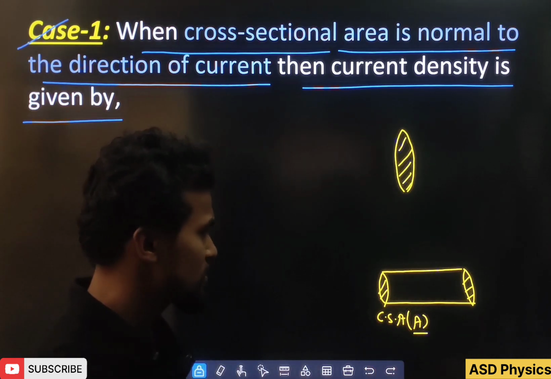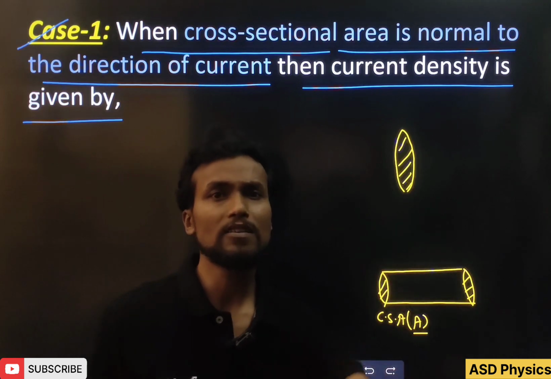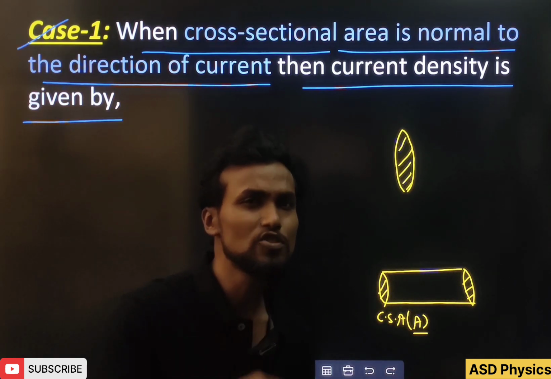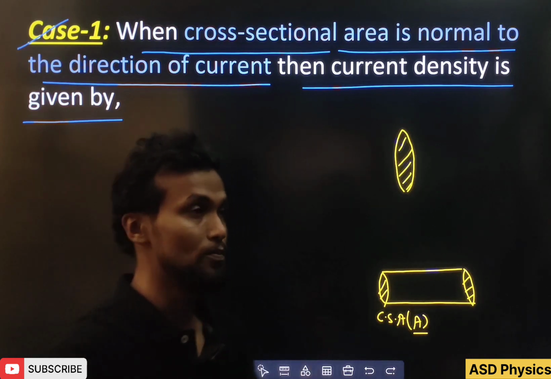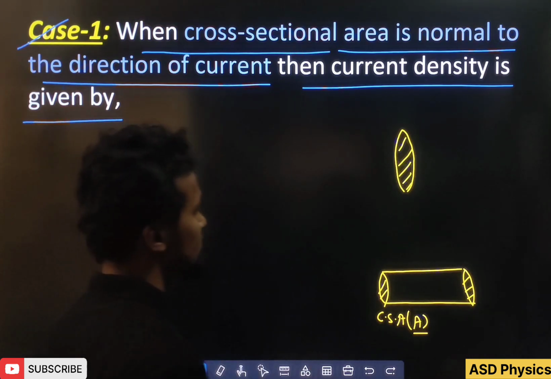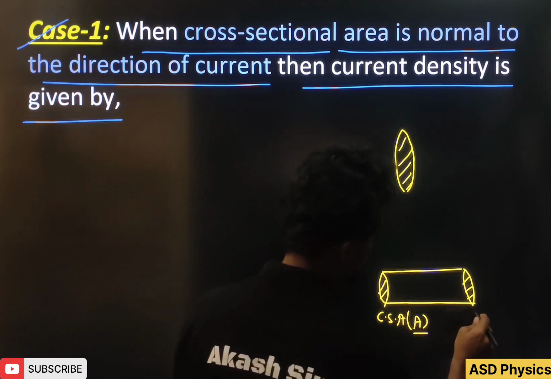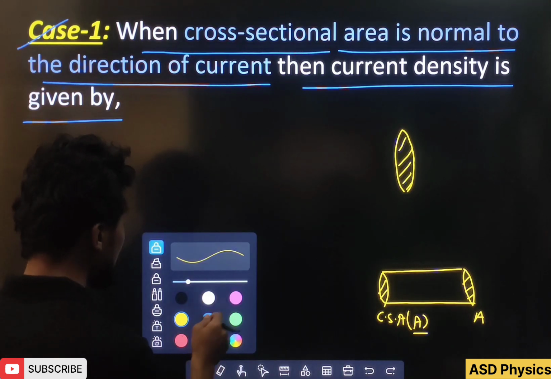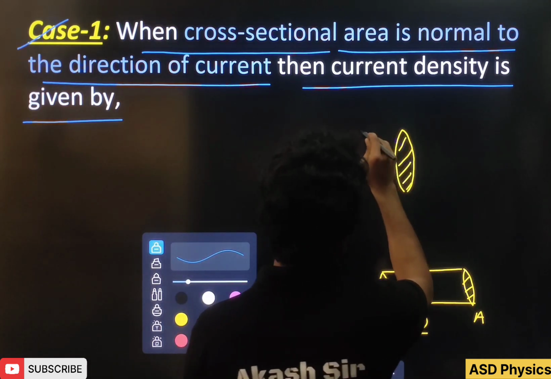Sometimes electric current is represented with A and cross-sectional area also with A, so please be careful. Here the cross-sectional area is A. Let's take the electric current flowing in this direction.